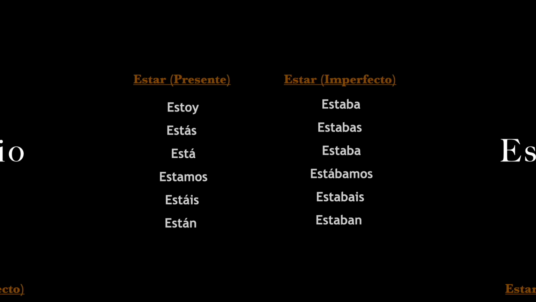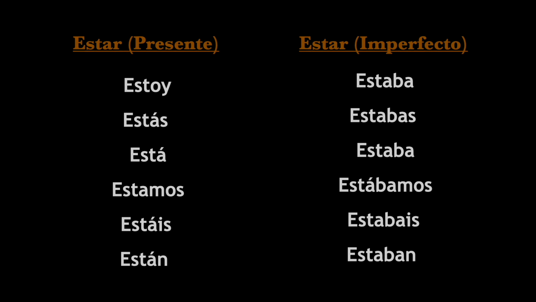So let us see the conjugations of estar in present and past tense, and we are going to use the imperfecto tense of the past to constitute the continuous tense in Spanish. So in present it is estoy, estás, está, estamos, estáis, están.